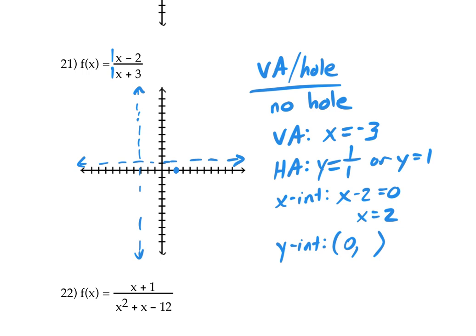I don't have a problem with that. If I plug 0 in for x, what's my y value? But really here it's not too bad to do by hand. 0 minus 2 is -2. 0 plus 3 is 3. So really it's just -2 over 3. And that would be my y-intercept, -2/3. So that would just be between 0 and -1.